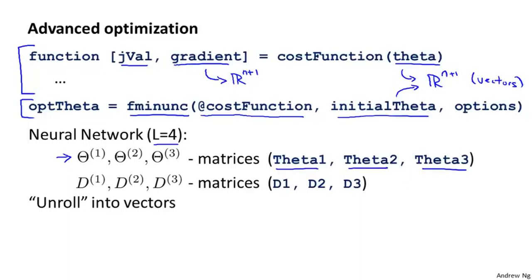And similarly, these gradient terms that we're expected to return, well, in the previous video we showed how to compute these gradient matrices, which were capital D1, D2, D3, which we might represent in Octave as matrices D1, D2, D3. In this video, I want to quickly tell you about the idea of how to take these matrices and unroll them into vectors so that they end up being in a format suitable for passing in as theta here or for getting out for a gradient there.